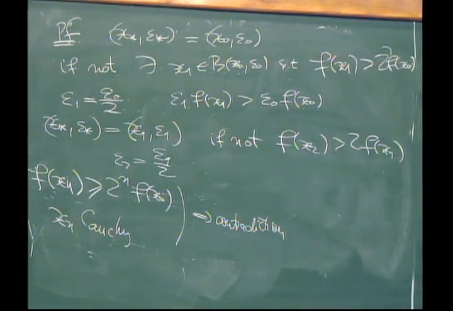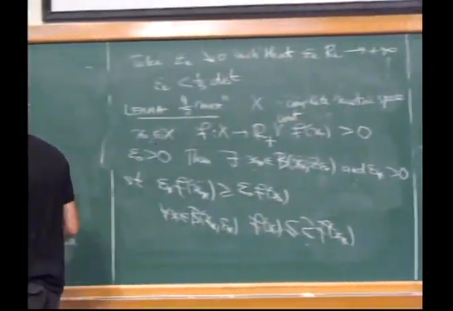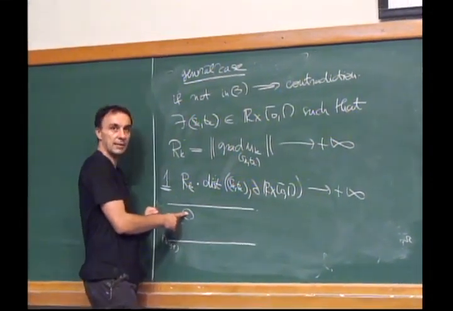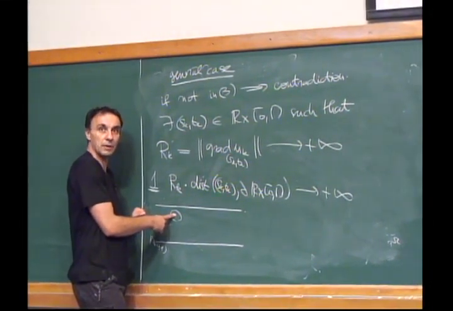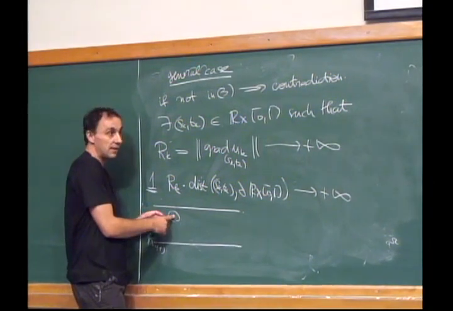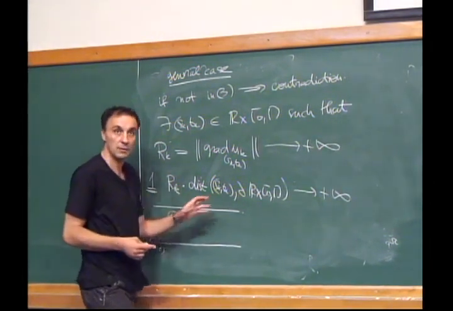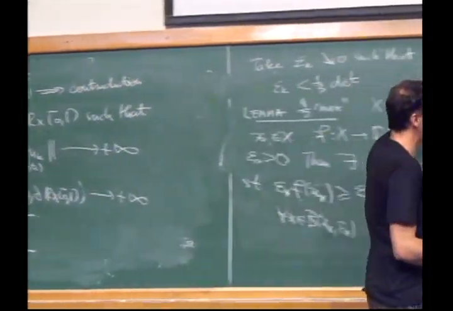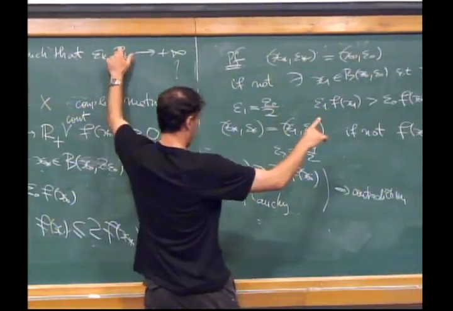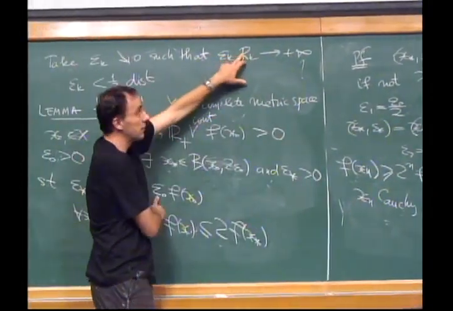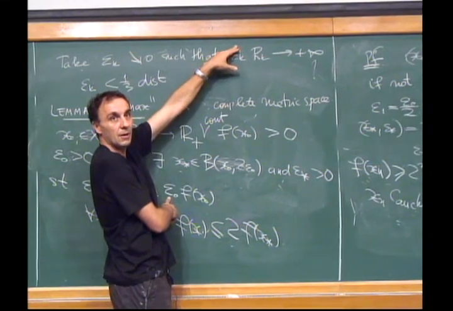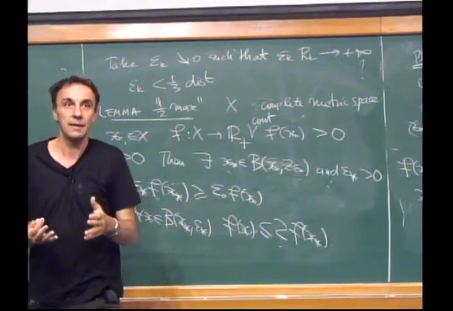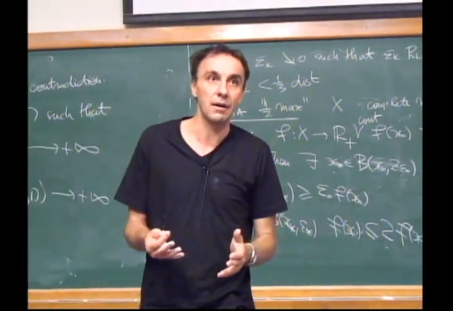Now, what you do, you use this half maximum lemma here in order to suppose that your sk, tk is a half maximum on this ball. So you change sk, tk and epsilon k accordingly to this lemma. You do not lose this property because of this inequality. So you just change the epsilon k with the epsilon k star and the sk, tk with the sk, tk star, right?